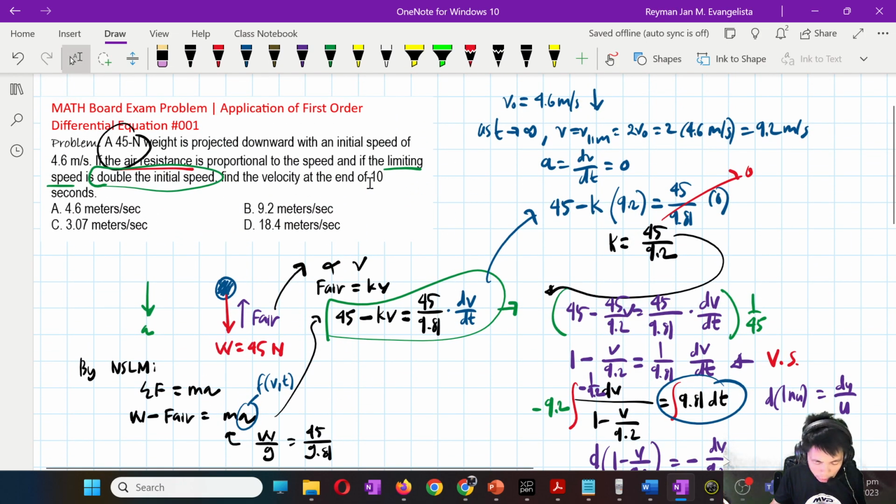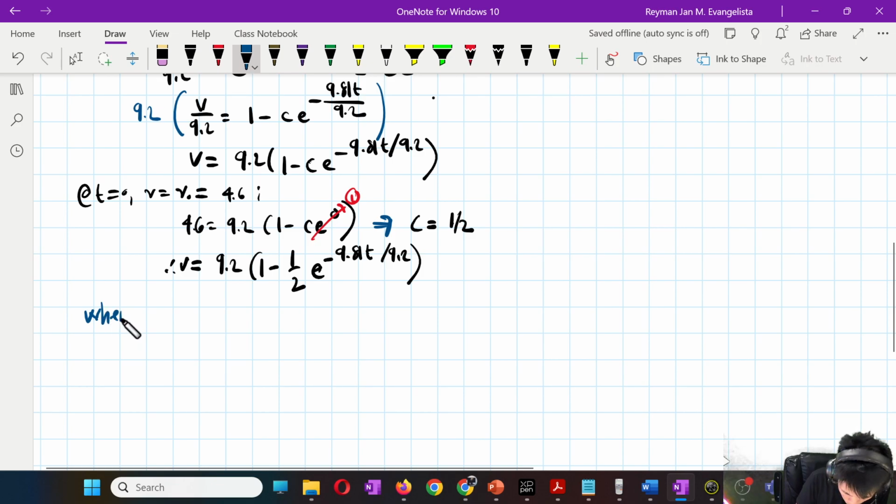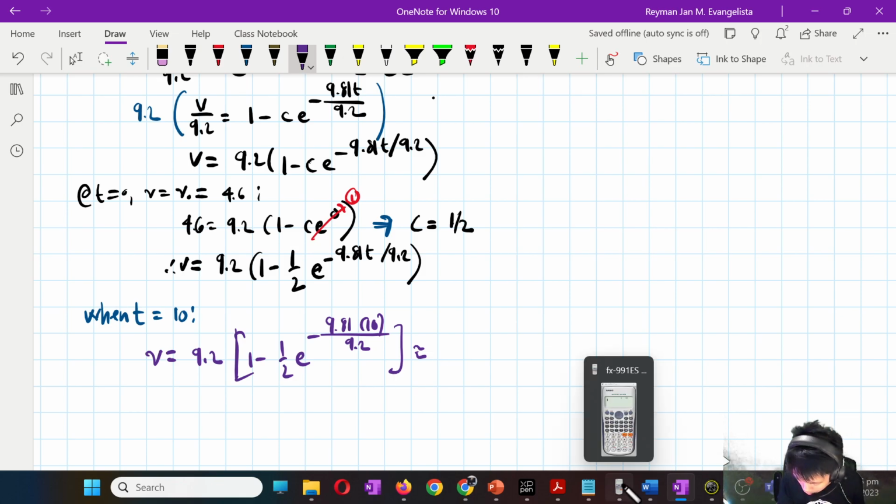We need to find the velocity at the end of 10 seconds, so we just substitute the given value of t. When t is 10, v is equal to 9.2 times 1 minus 1 half e raised to negative 9.81 times 10 over 9.2. Then use the calculator.